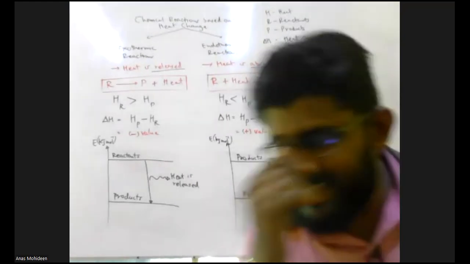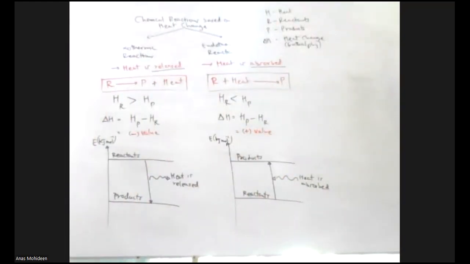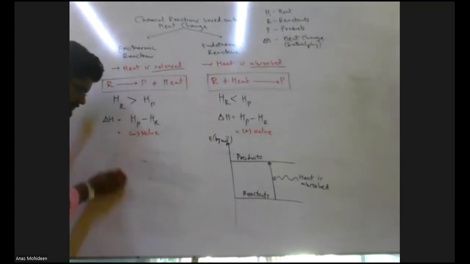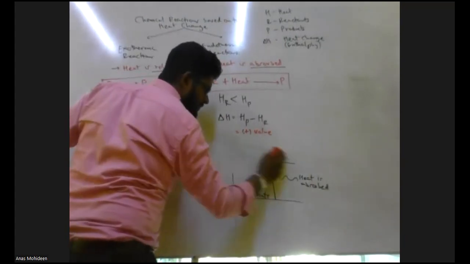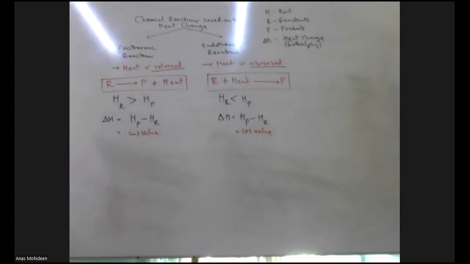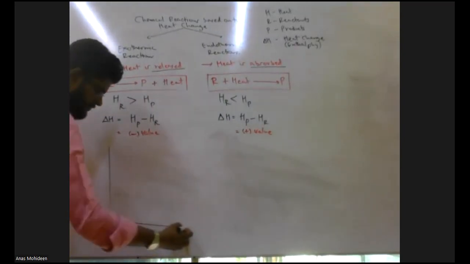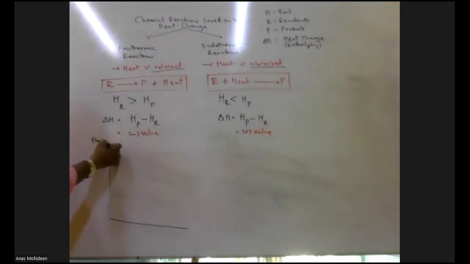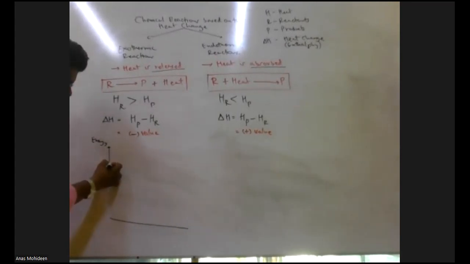Right. So what is the other type that we are supposed to draw, the energy level diagram? Here the energies. Reactant is more, product is less. I'm going to start the reactant somewhere here.